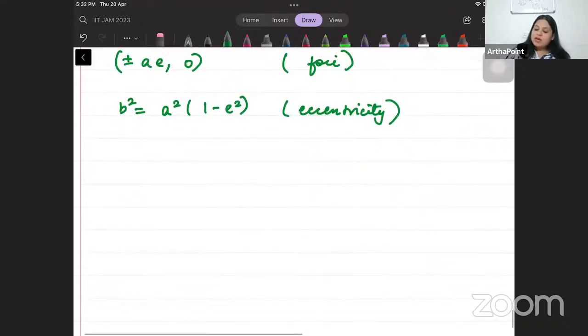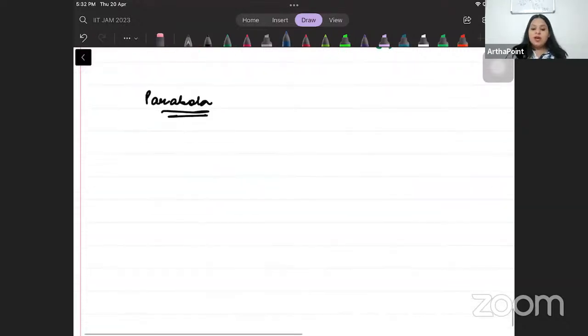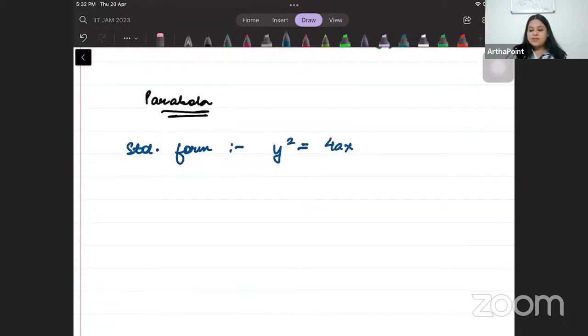We can do all of this for the parabola as well. So in the parabola, again the standard form is y square is equal to 4ax, right? The eccentricity of the parabola can be written as e is equal to 1, right?